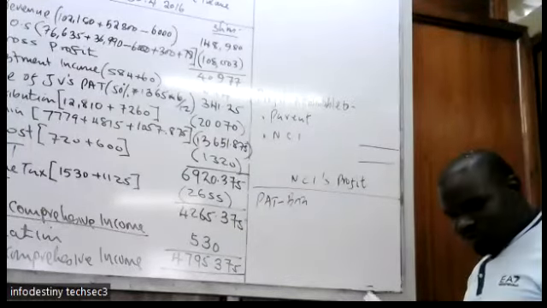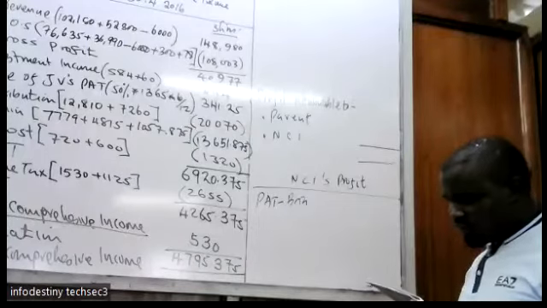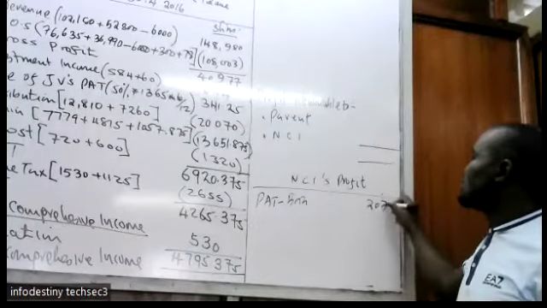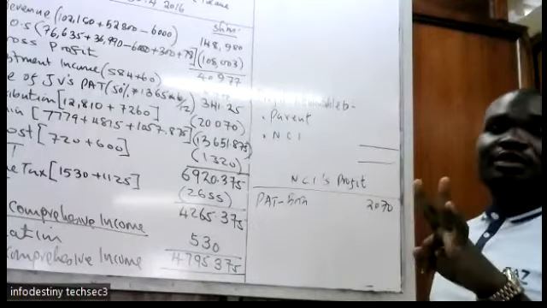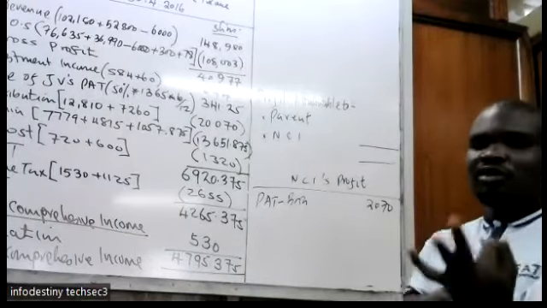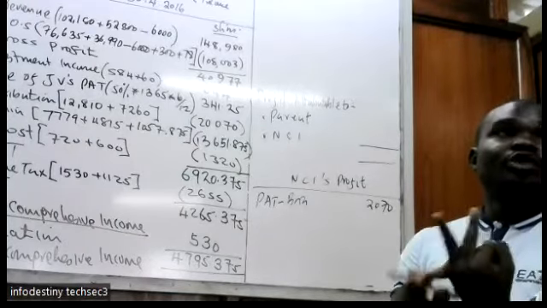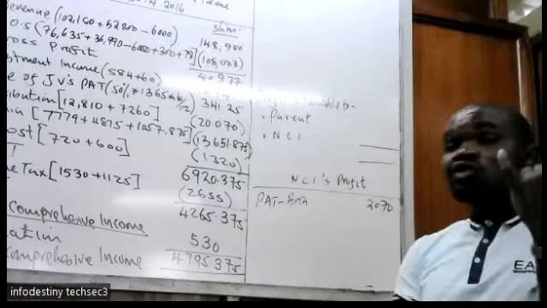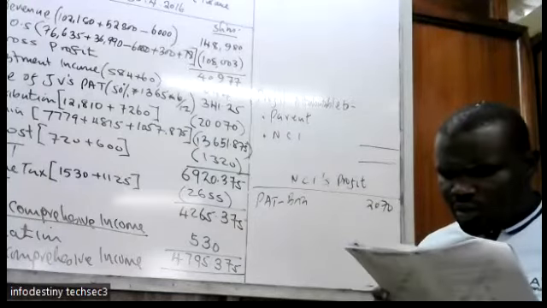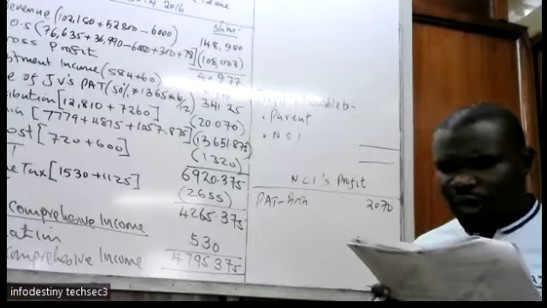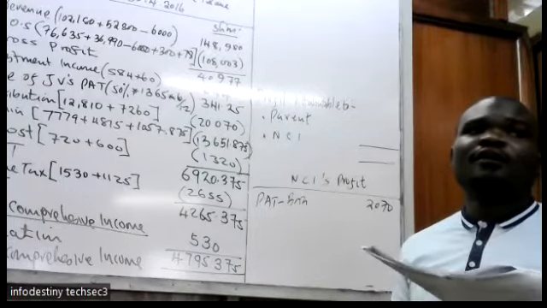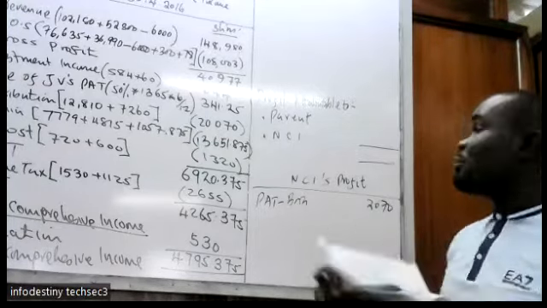Okay, what is the PAT in Bora? 2070. 3 obvious items which we normally adjust. UPI. UPI you only subtract if the subsidiary is the one that sold. By the way, who sold? Check note 5. So Bora sold. Their profit is affected.